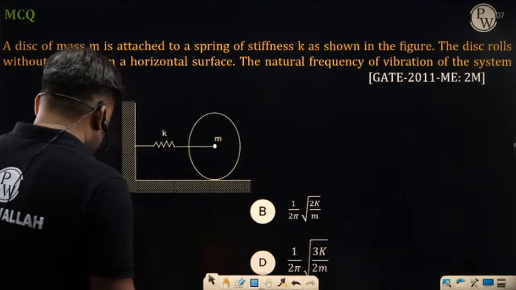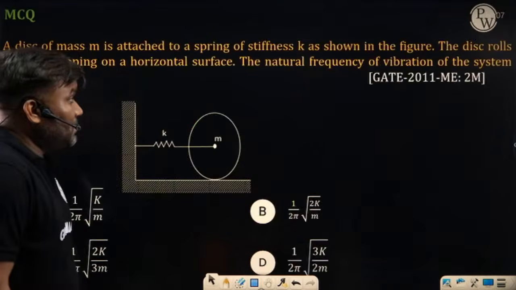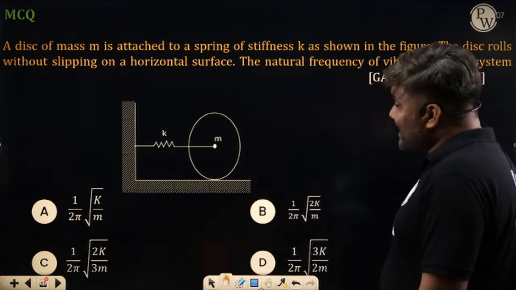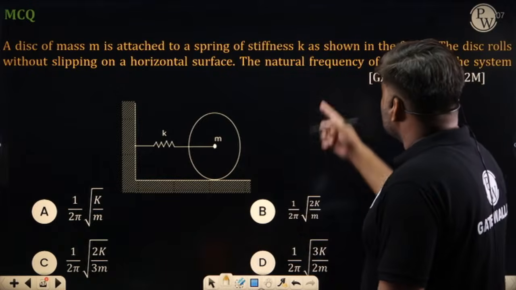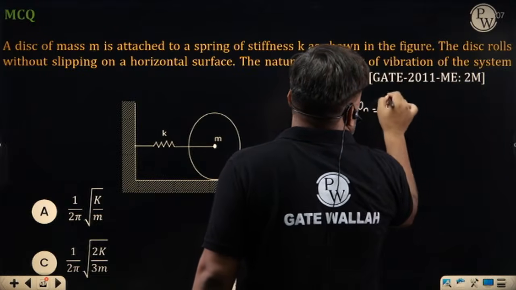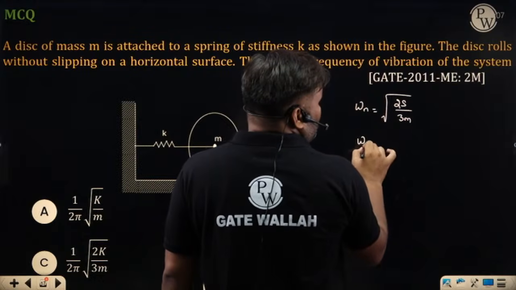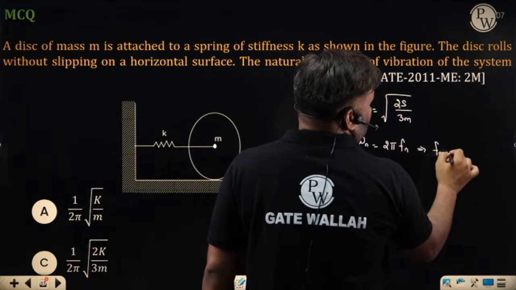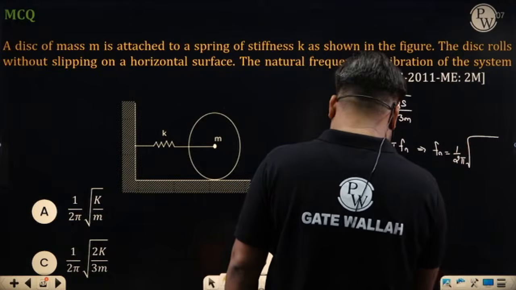Which option? Under root 2s by 3m. By looking at the options, I can feel the 2 pi term is also coming into the picture. So for natural frequency, I hope they have not asked omega n under root 2s by 3m, but omega n can also be written as 2 pi fn, and fn is 1 upon 2 pi times omega n.